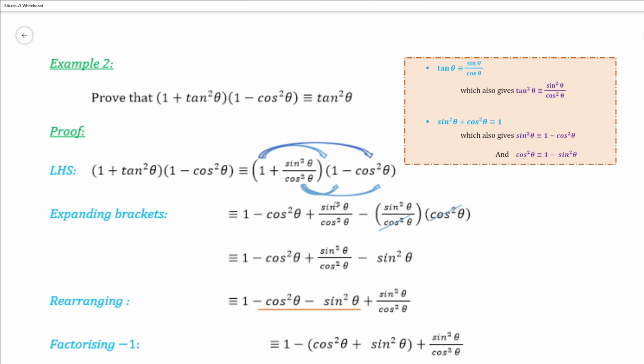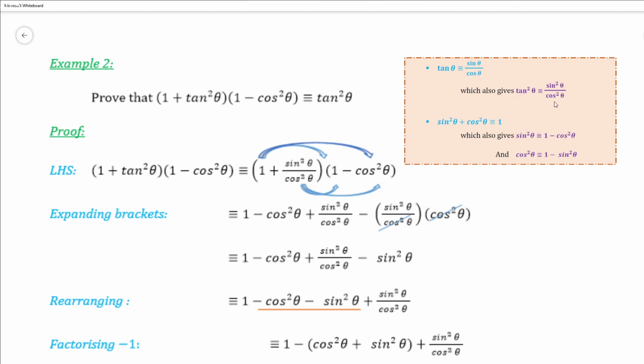Now the purpose of rearranging is to obtain the proof of the identity that we would like. So if we look at what we have in our question, on the right hand side of the identity in the example, we have tan² θ. So somehow we want to get tan² θ by simplifying.